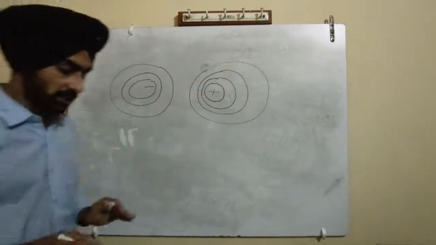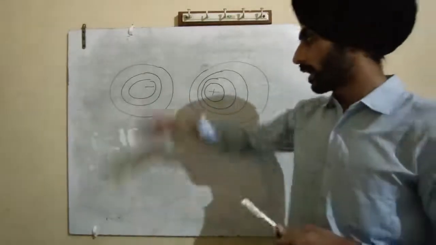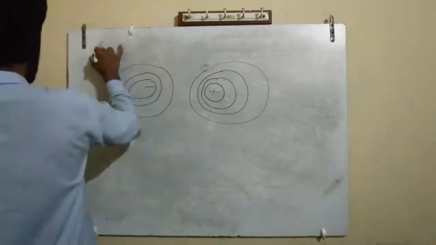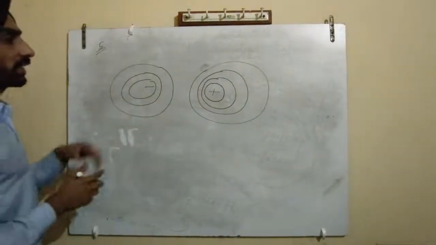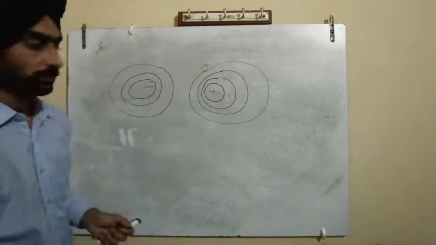So this is the shape of the equipotential surface around a dipole. This is our fifth concept for today. In CBSE they are going to ask, draw the equipotential surface around a dipole. So you have to draw this.